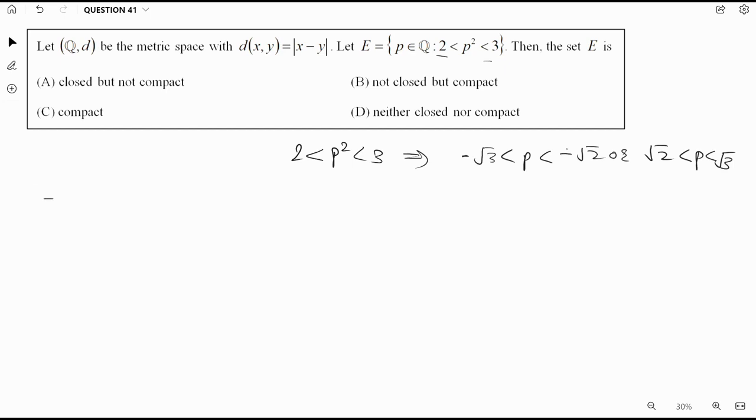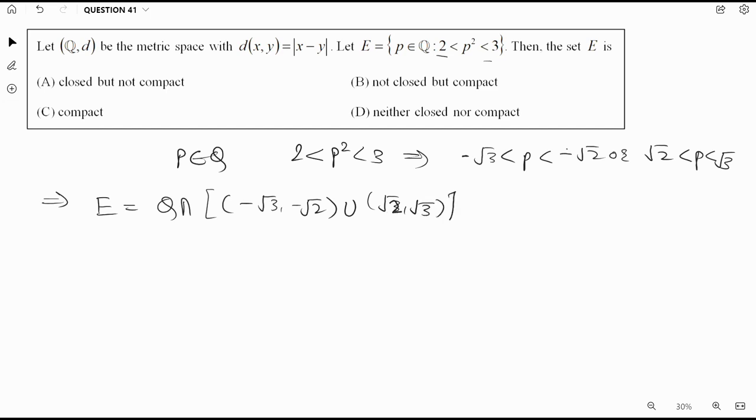So this says E is equal to the set of p belonging to Q. So E is the set of all rationals in (minus root 3, minus root 2) union (root 2, root 3), right? So E is the set of all rationals in this union of intervals.